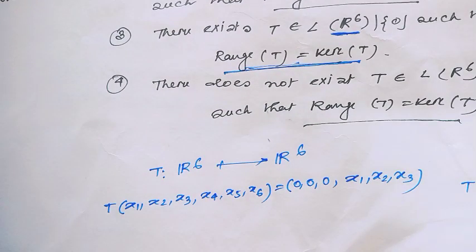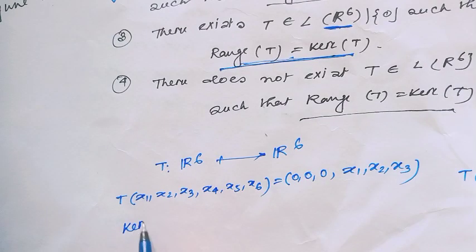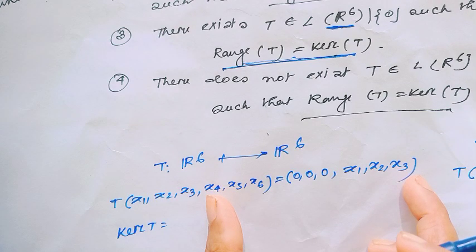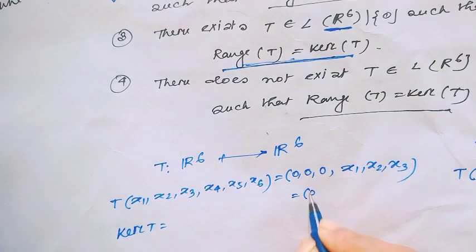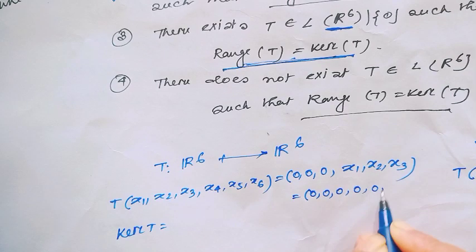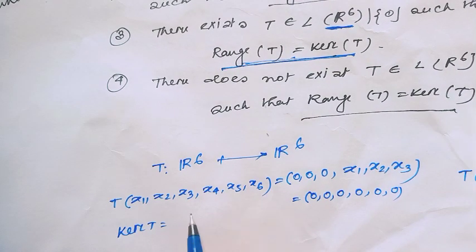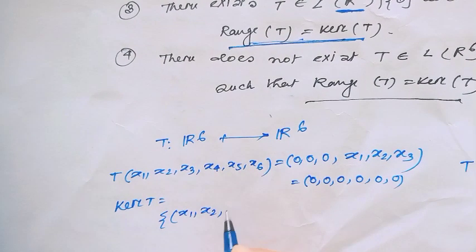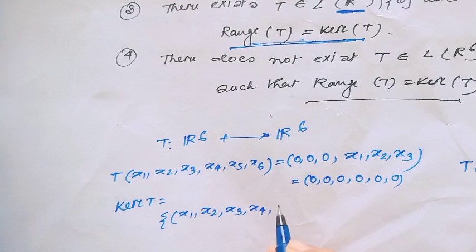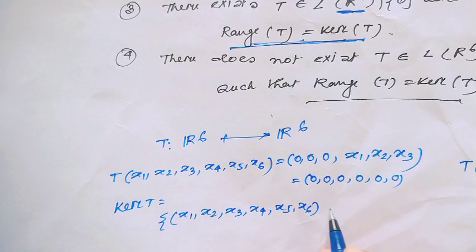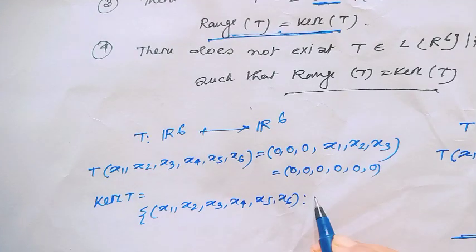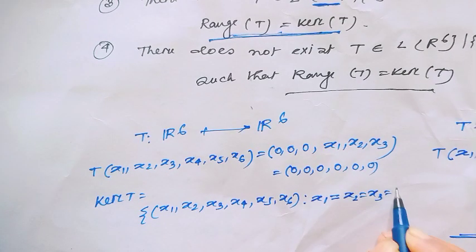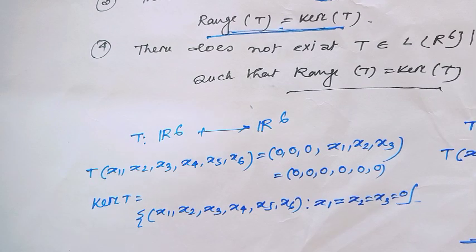Okay. Then kernel T: obviously this linear transformation equals 0, that means it equals (0, 0, 0, 0, 0, 0). That means kernel T contains the set of those (x1, x2, x3, x4, x5, x6) such that x1 equals x2 equals x3 equals 0.